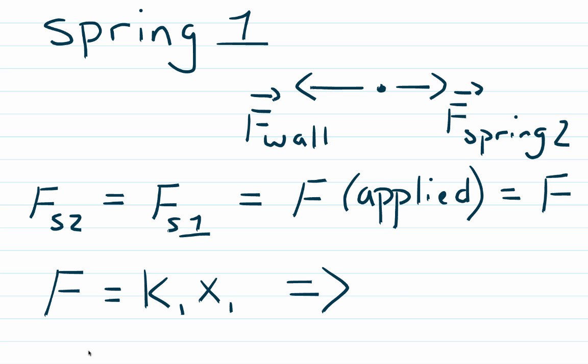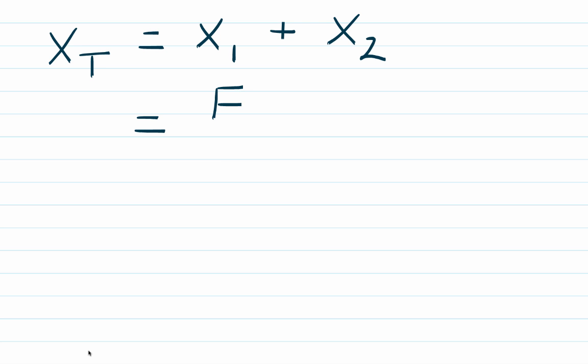Then X1 would be equal to the force divided by the spring constant K1. The total extension of both springs together will then be the sum X1 plus X2. Plugging in for those, we'll get the force over K1 plus the force over K2.